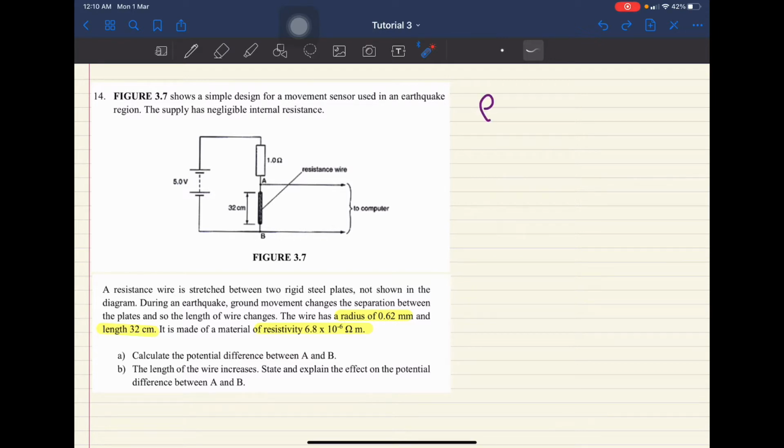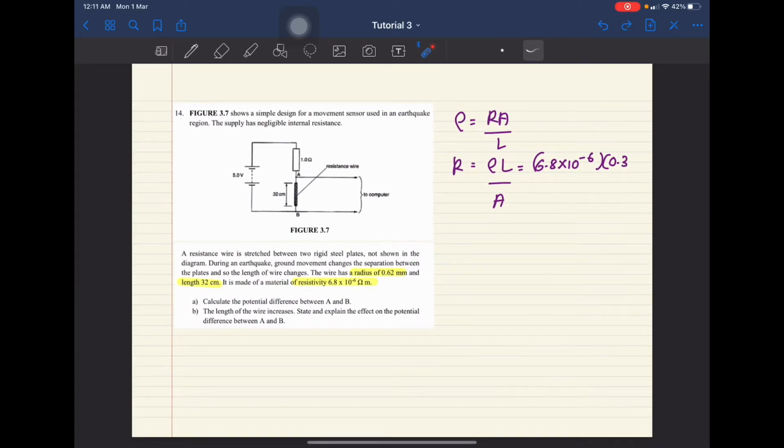To do that, I can use the formula of resistivity, which is equals to RA over L. Once I rearrange this into R equals rho L over A, I can substitute all the values there. Make sure you change to SI units.